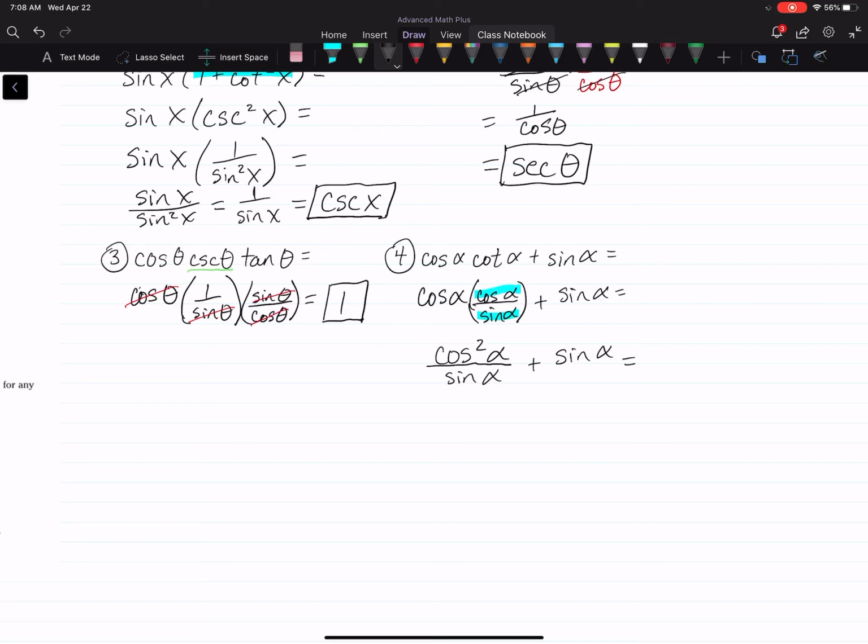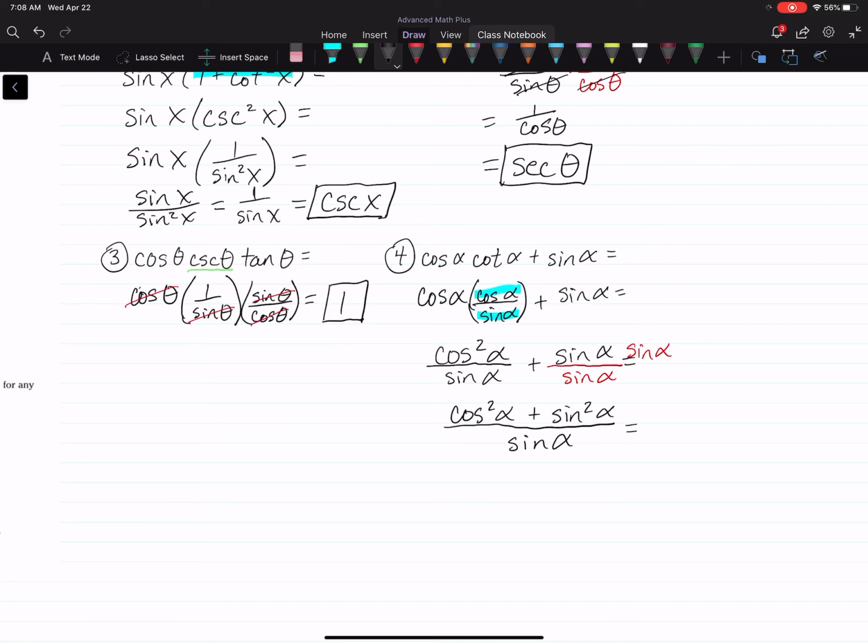So we have to make it where it has a like denominator. So we're going to put under it a sine alpha. But if you put 1 under it, that means you also have to put 1 on top. Okay? So now my problem becomes cosine squared alpha plus sine squared alpha over sine of alpha.